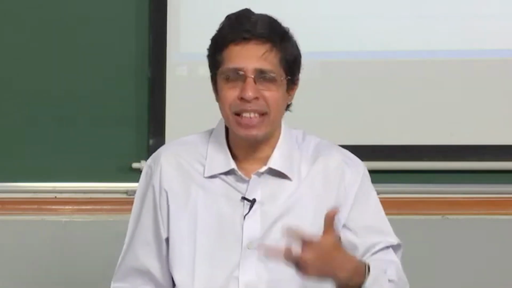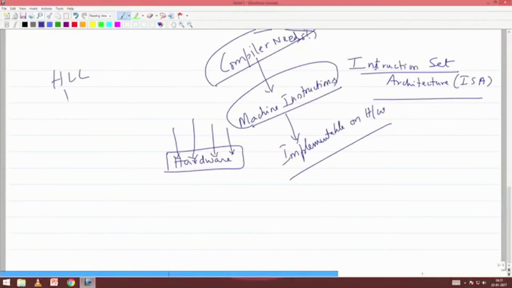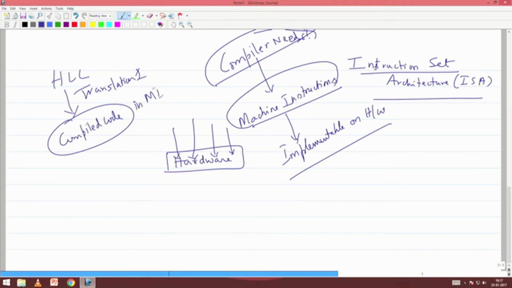So implicitly there are two translations that are happening when you write a program. I have a high level language, there is one level of translation, I could call it translation 1, which gives you a compiled code in machine instructions, right. So this is an explicit translation wherein you can see the executable code encoded in the machine language, the language of the machine.